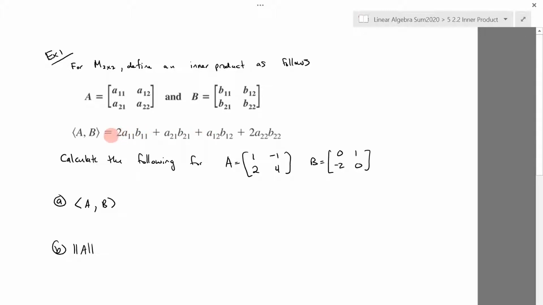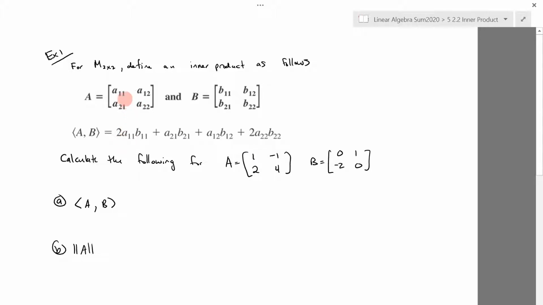But one thing to be careful about with this inner product is when we calculate things like length, distance, and angle, even if you think of a matrix as a four-dimensional vector, because essentially it's just something with four real number coordinates.